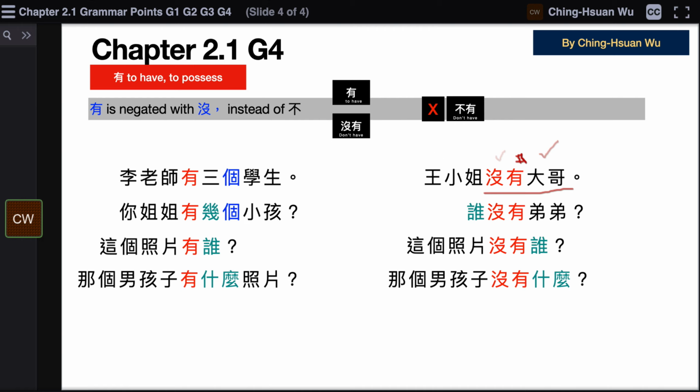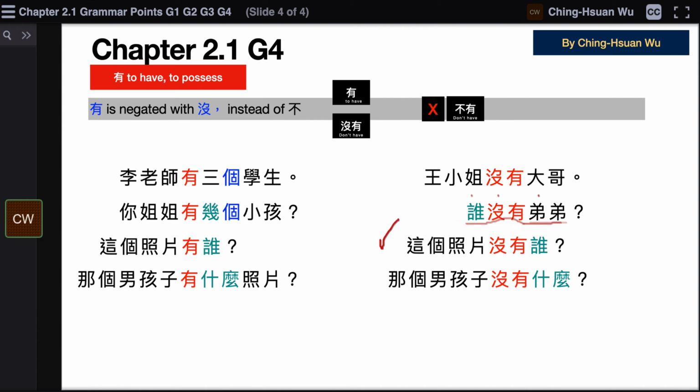So there's no number here. Therefore, there is no measure word. Again, 王小姐没有大哥. Next, 谁没有弟弟? Who does not have younger brothers?